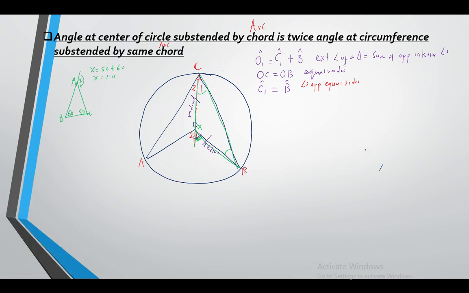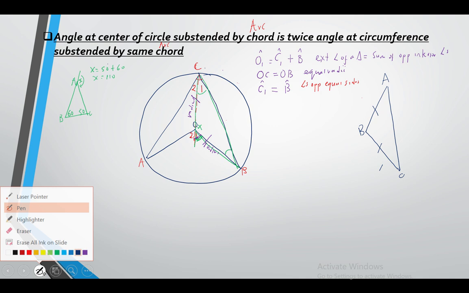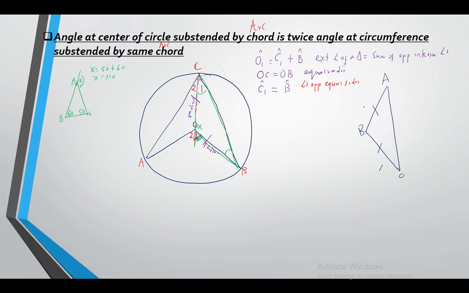I want to show you again. Let's say we have an isosceles triangle, and this side equals this side. Let's say it's A, B, C. How can we find angles that are equal? Go to the third side, leave out the sides that are equal. You see AB is equal to BC. So you leave those two sides, you go to the third side.